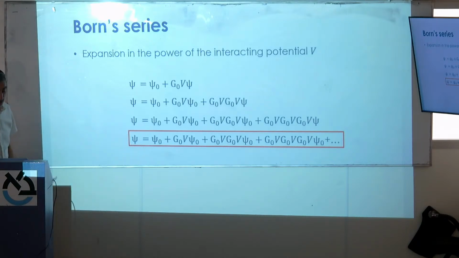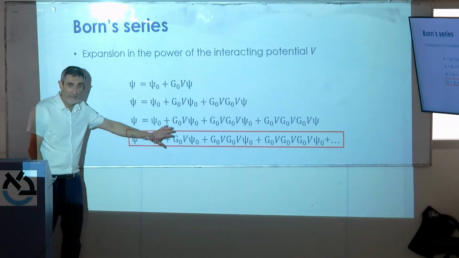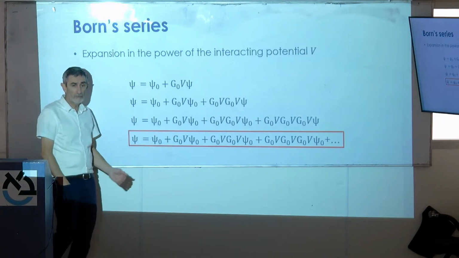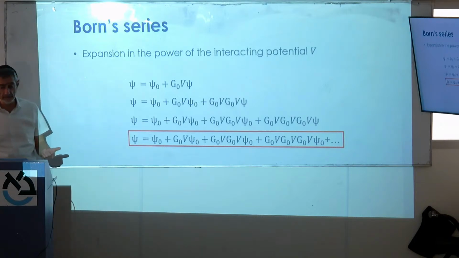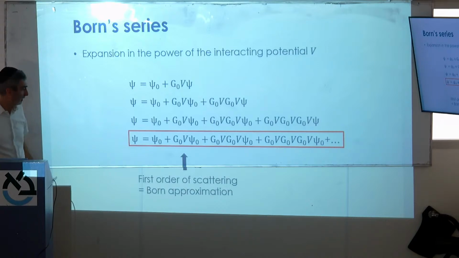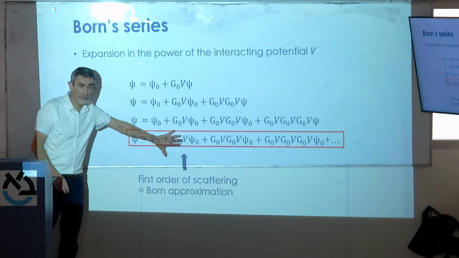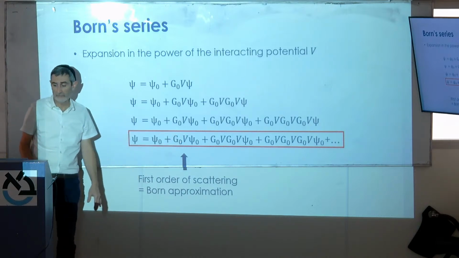You obtain here a series, which is called the Born series, and you will see that each term in this series represents a degree of scattering. It's an order in the multiple scattering in the system. So let's see how it works. Here you recognize this part. This is the Born approximation.